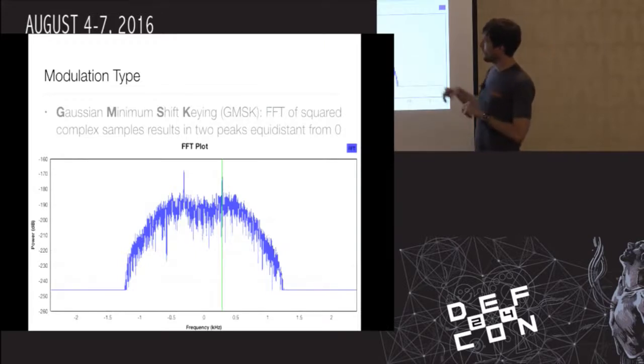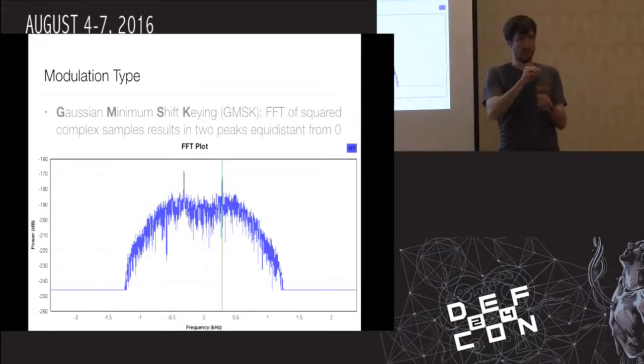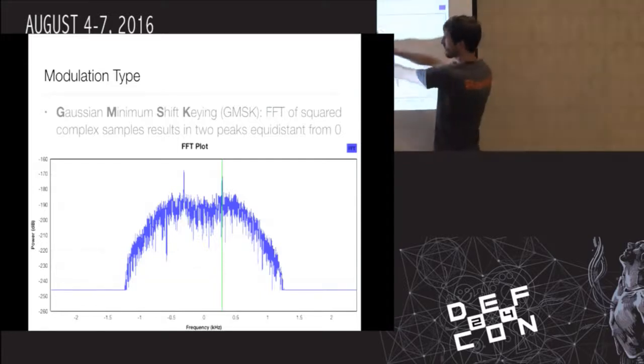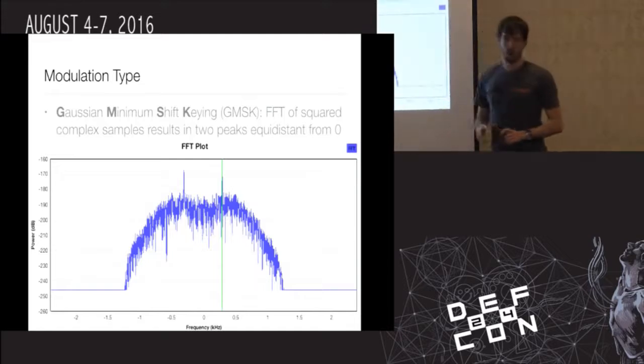But one nice property about GMSK, or FSK generally, is that if you square the signal, literally take a complex sample and square it, and then take the FFT, you get two peaks coming out. These peaks, as it turns out, are separated in hertz by your baud rate.